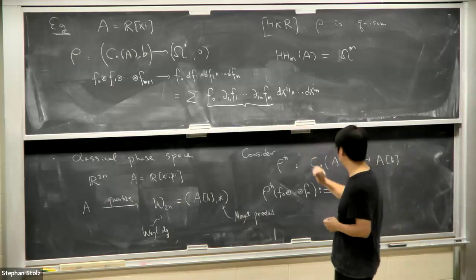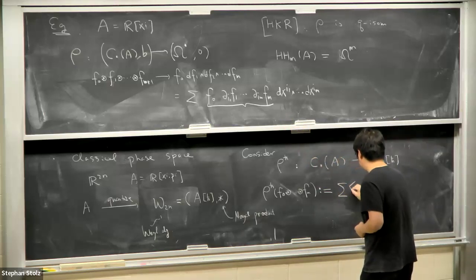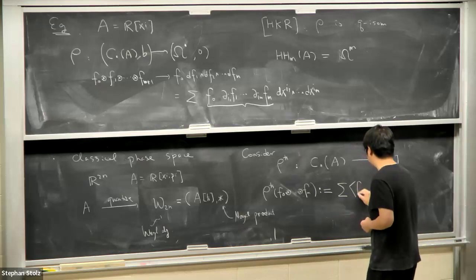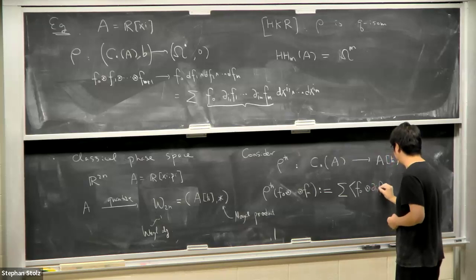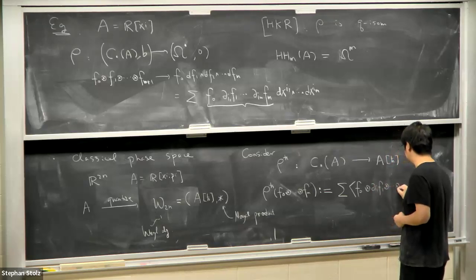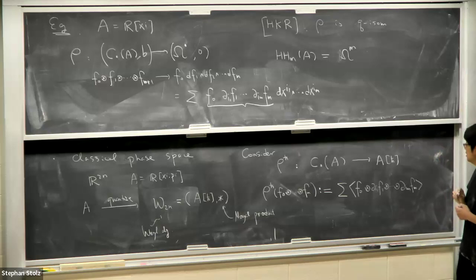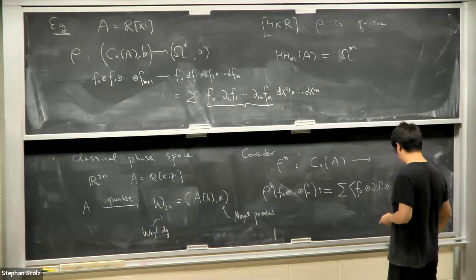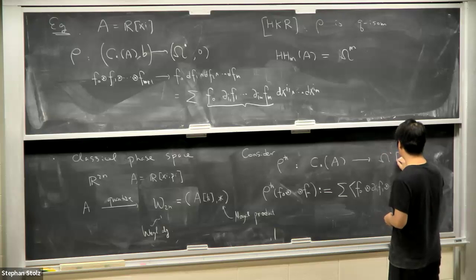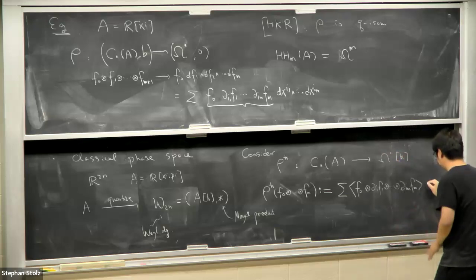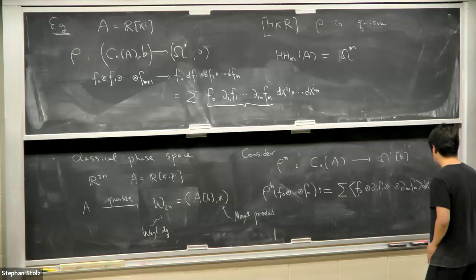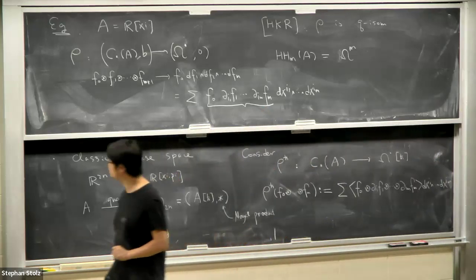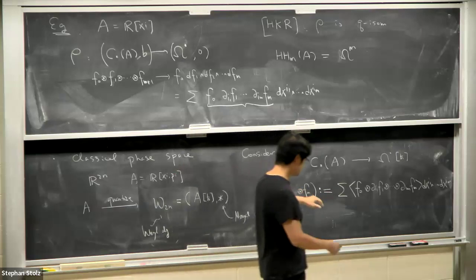The same formula, but with this quantum product: f0 plus, sorry, this should be differential forms, f1, and then you have the dx1 and so on. If you do this naive replacement, you get a map at the vector space level.